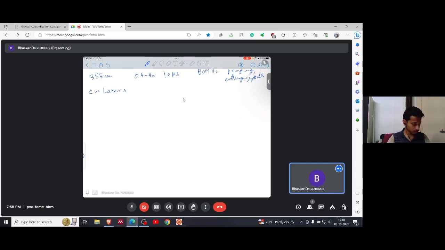CW lasers: 1064 nanometer, 5 to 15 watt, 0.1 to 100 microsecond, 5 to 40 megahertz. Two to 10 watt. Now the pulse duration is not applicable because this is for a fully diode pumped solid state laser.